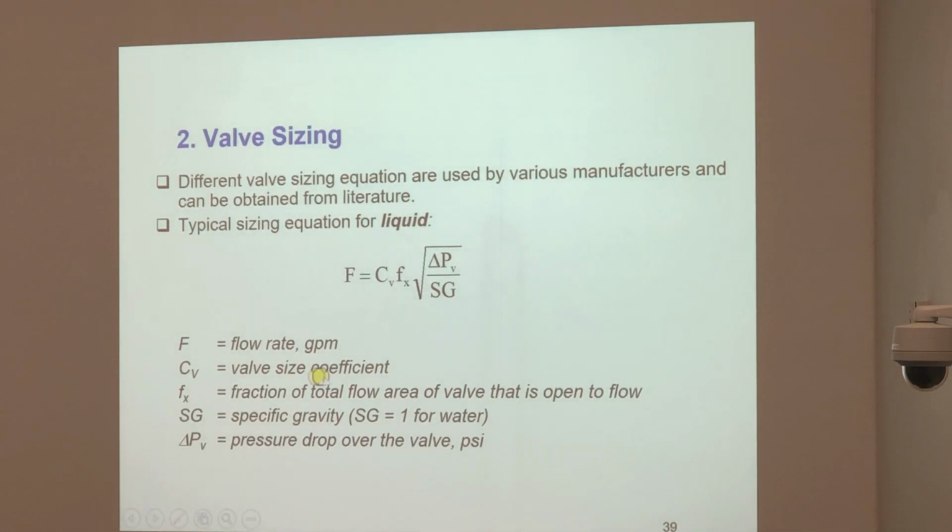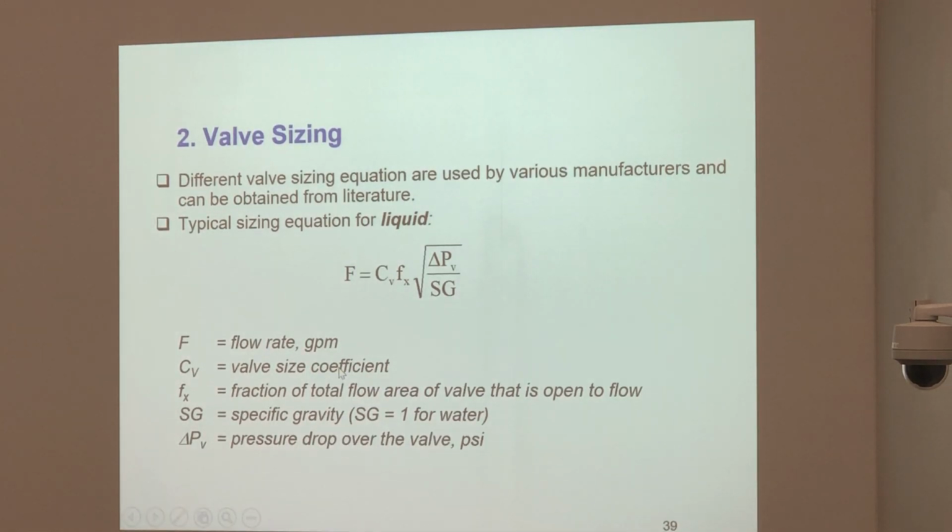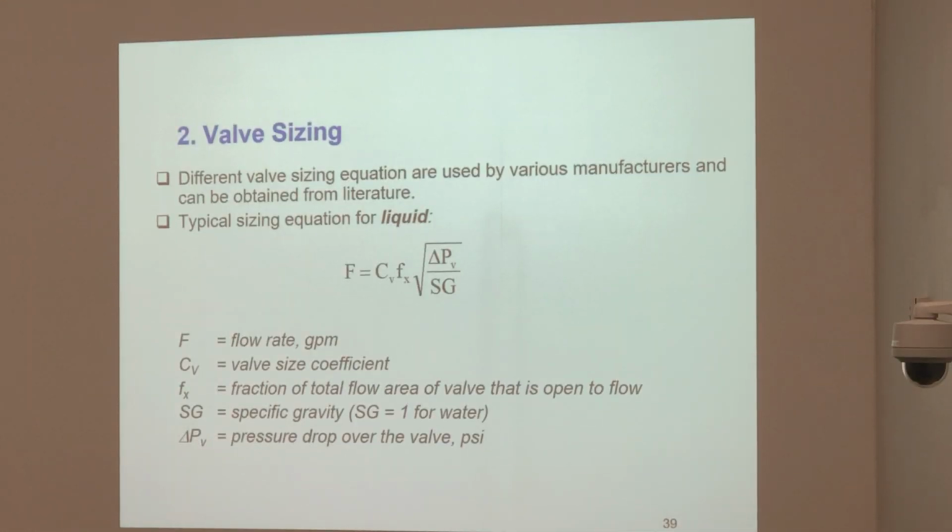CV is the valve size coefficient. A table will be given to you, and each size will tell you what CV or coefficient you can use. If I have a lower CV, I should choose the higher valve size in order to comply with the coefficient itself. We will go through that later.